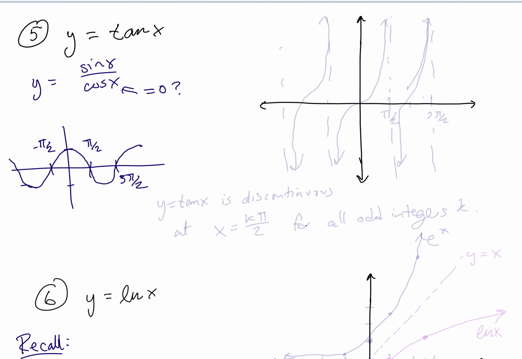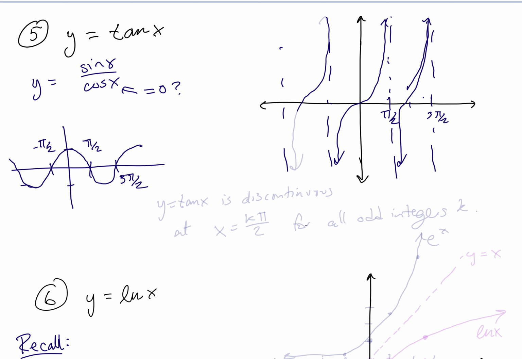And so tangent of x, we've sort of graphed it before and seen what it looks like. It's got asymptotes at all odd multiples of pi over 2. And so tangent of x, as we've graphed before, looks kind of like that, and so on.